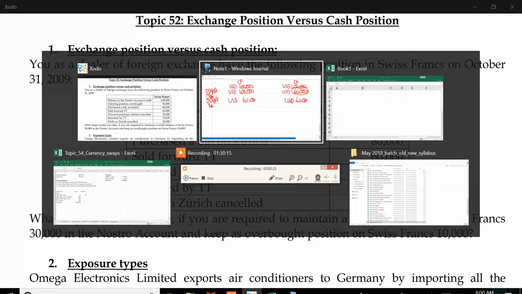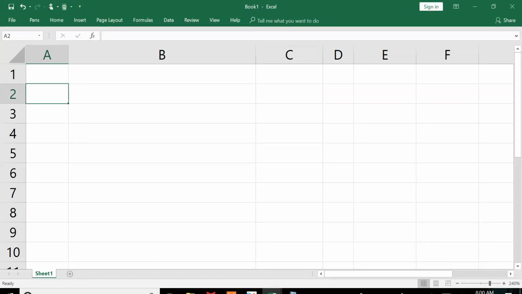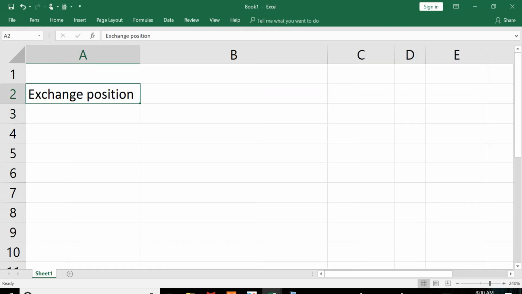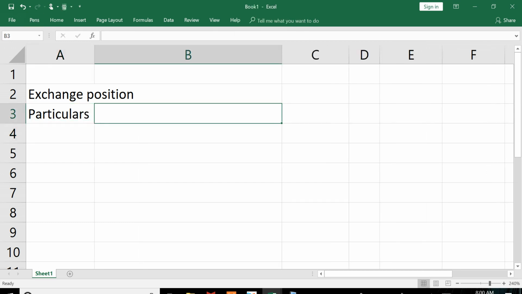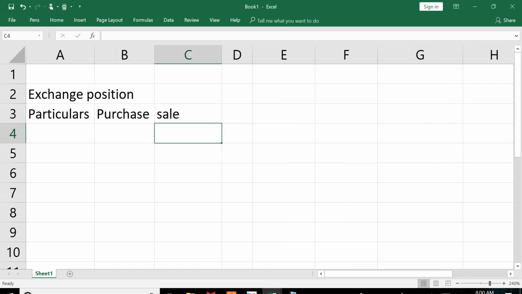Okay, let's start doing it. Now write exchange position, particulars, purchase, sale.